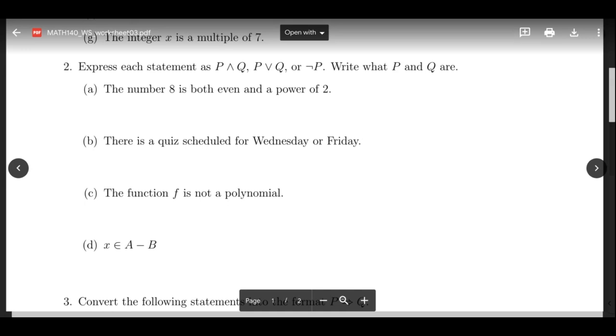Okay, so D. What is your answer for D? Not P? You mean not P? Okay, so figure out your P, your Q. What do you mean by not P?